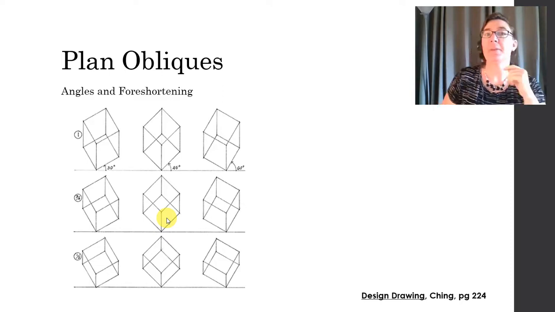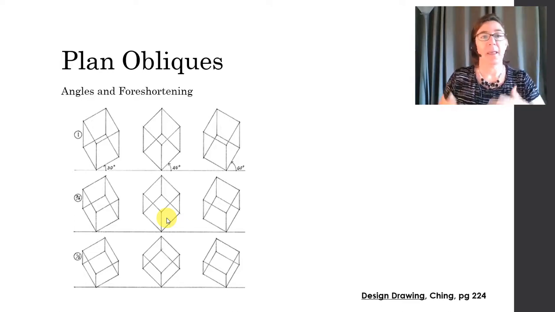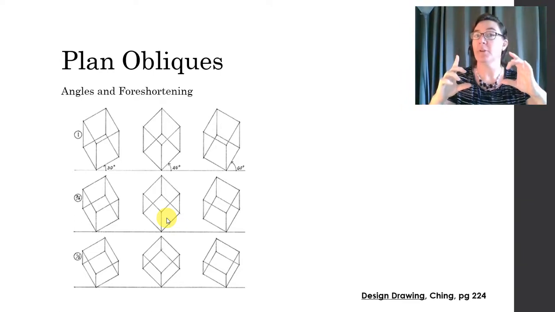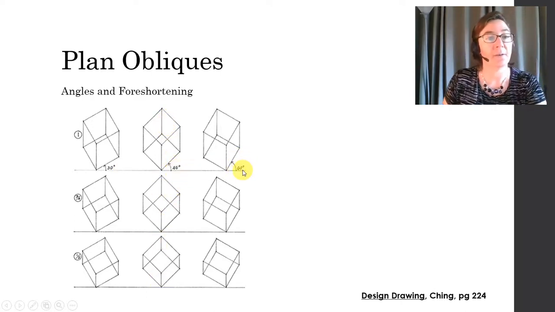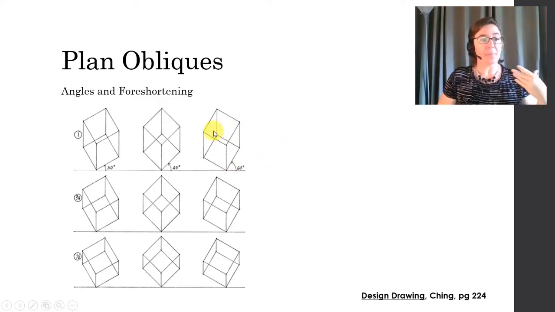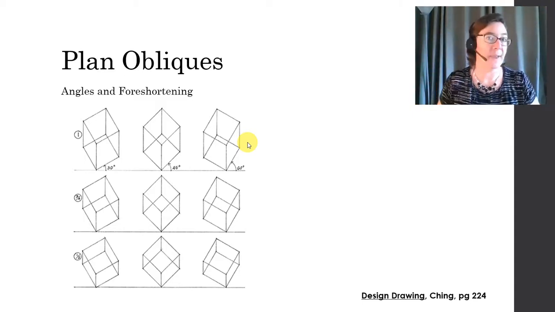Here's an example of the same object, it's just a cube, drawn at multiple angles and multiple scales or foreshortening. So we can see the difference that it really makes in this layout. It looks like in this column here, we have our plan laid out at 30 degrees from the horizontal. In this column, they're laid out at 45 degrees, and at this column, they're laid out at 60 degrees. In the top row, we have 100% or 1 for our scale of the vertical lines.